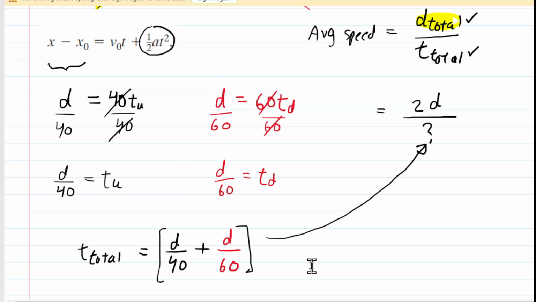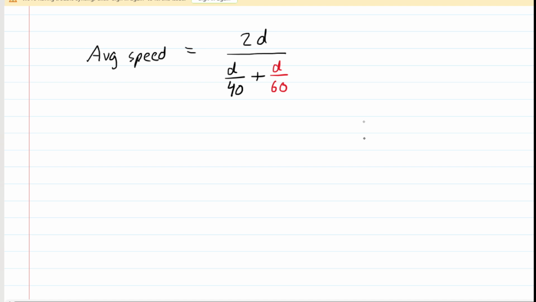Why don't we scoot down the page to make a little more room? So there is our new and improved expression for the average speed. We just need to simplify this. Now, at first, it might seem that we can't calculate the average speed because we don't know the value of d, but as we will see momentarily, that's going to algebraically cancel out. Now, in the denominator here, we are adding two fractions, so we have to find a common denominator, and perhaps we can just make 120 the common denominator.